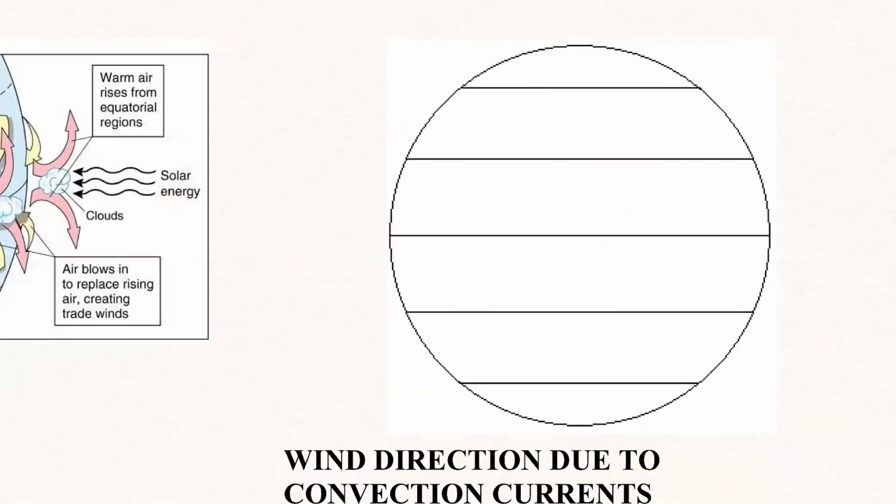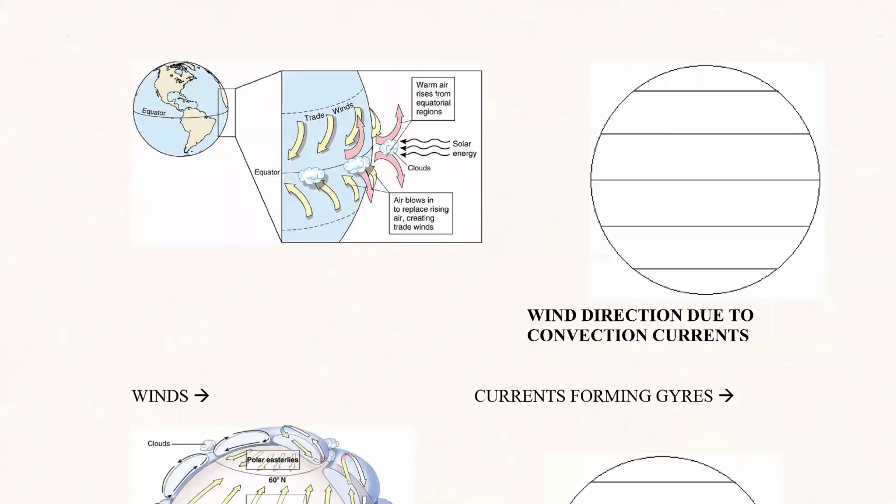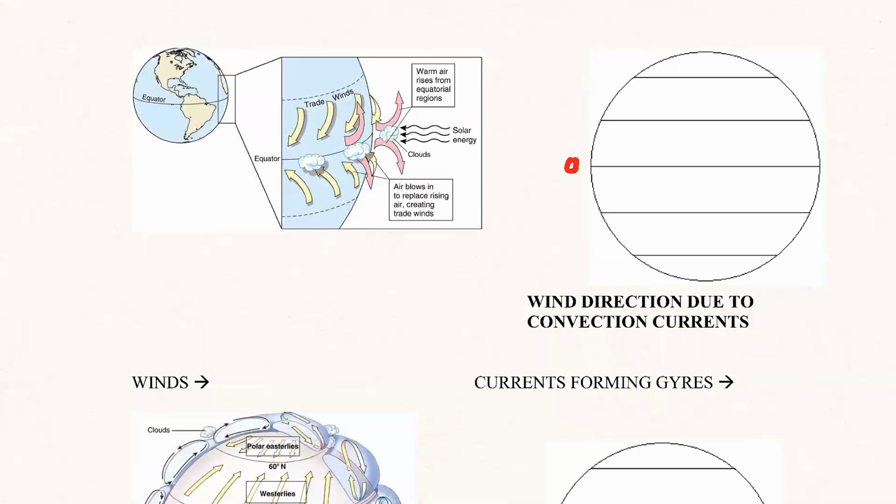So I'm going to be going to the equator. The equator is going to be a latitude of 0. If we go to the next latitude, that's going to be 30 degrees north.